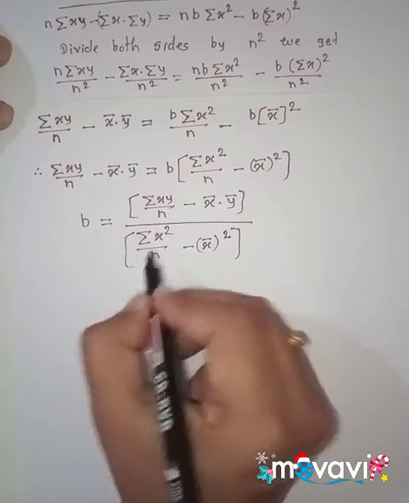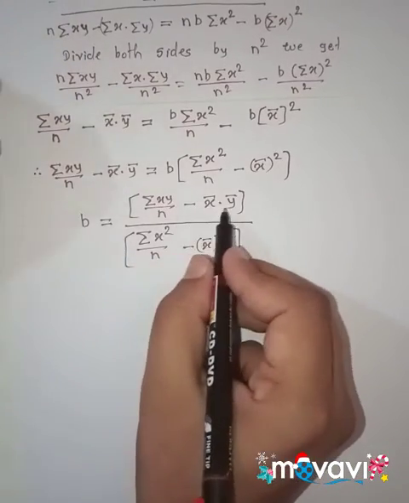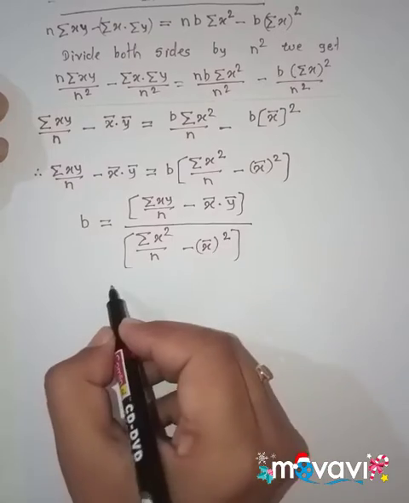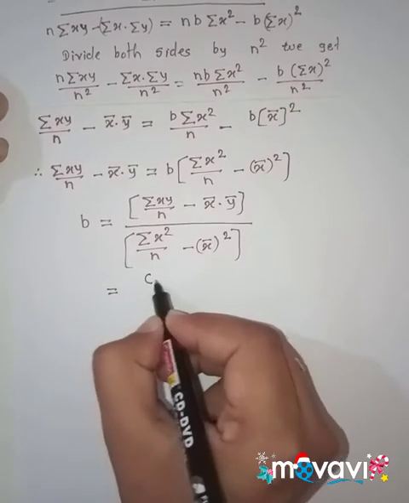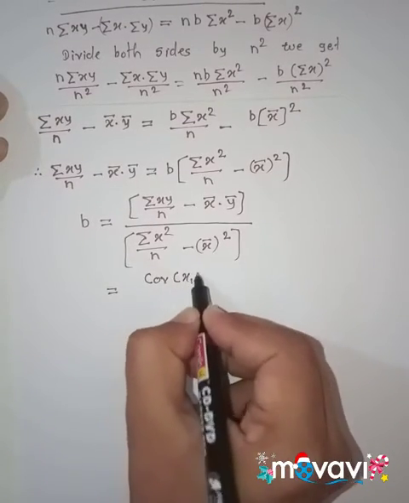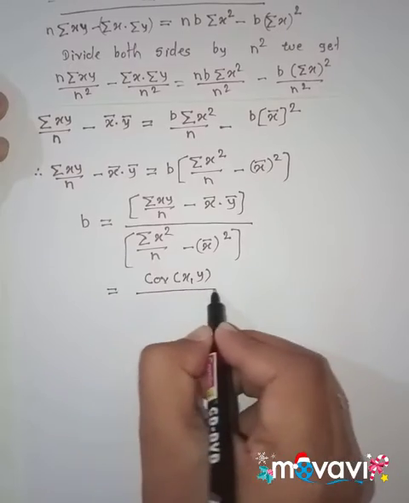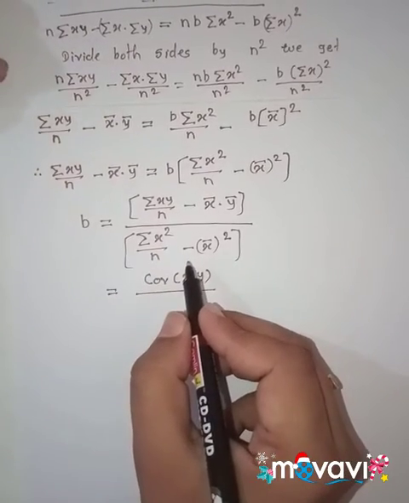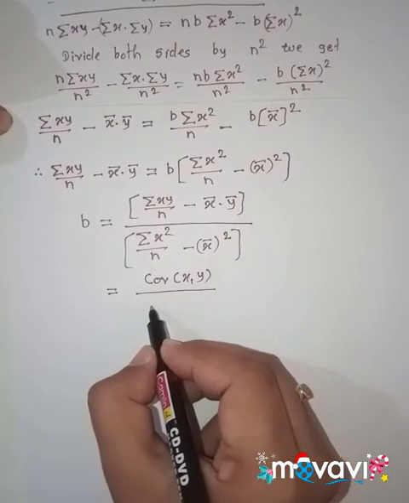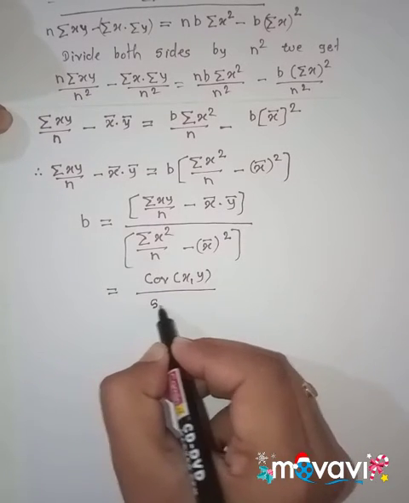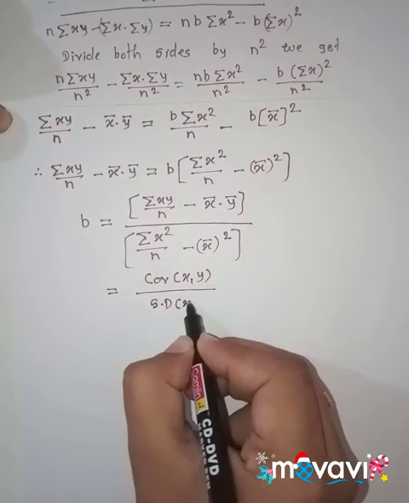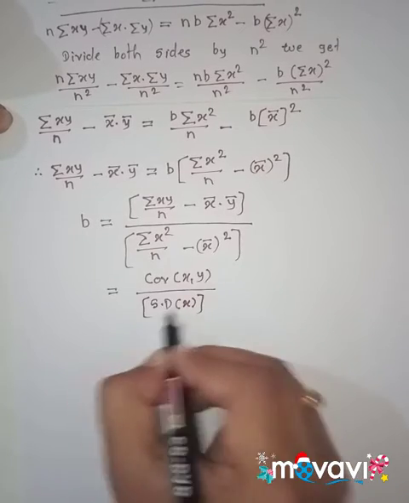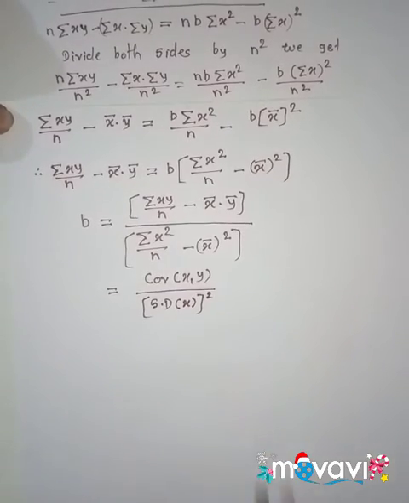And we know that summation xy upon n minus x bar into y bar is nothing but covariance of xy, and summation x square upon n minus x bar square is nothing but standard deviation of x bracket square.